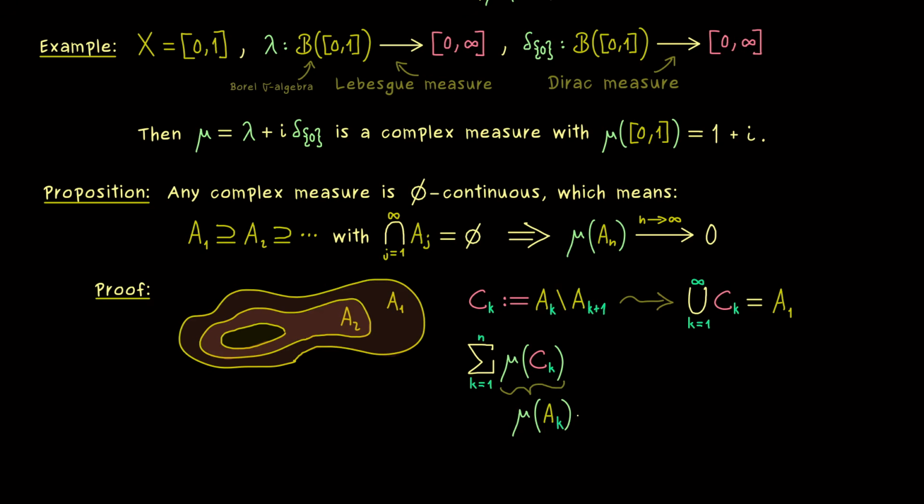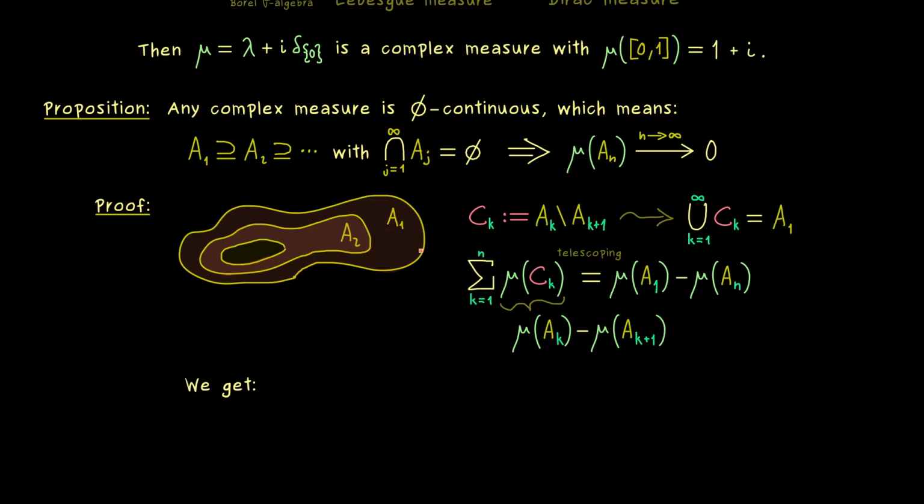Namely, it has to be the difference of the two measures. And there you recognize that we have an alternating sign in our sum, so we actually have a telescoping sum. This means everything will cancel out except the first entry and the last one. So the finite sum actually just consists of two parts. And obviously this also helps us for the infinite sum.